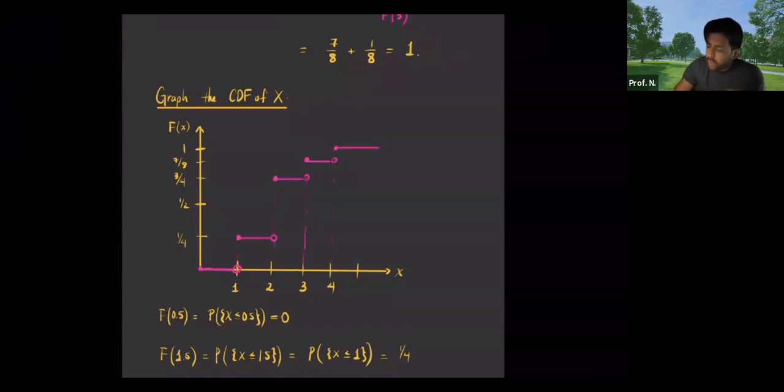So what do I notice? Note, the CDF of a discrete random variable is a step function.